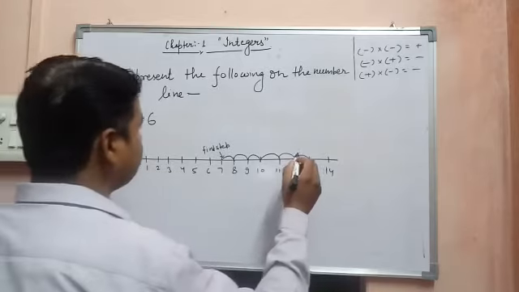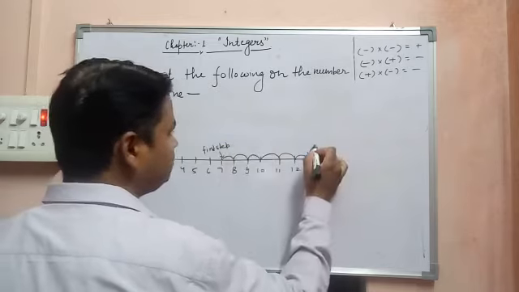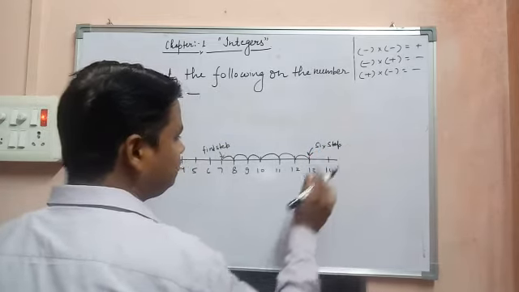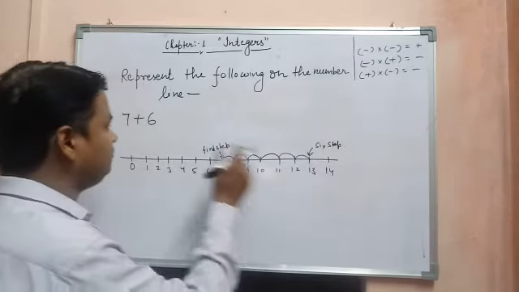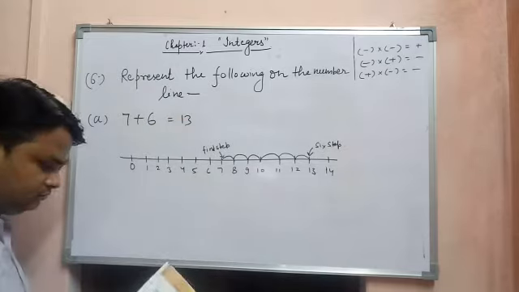Now we have to write here 6 steps. Then when we reach the number 13, the addition of these numbers is 13.